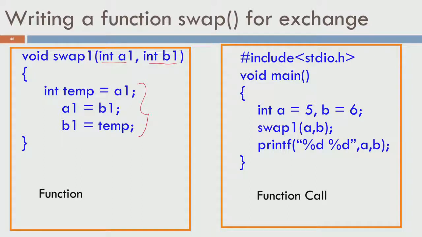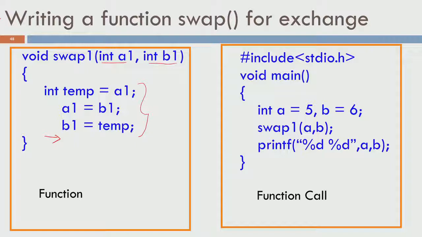Let us say I just copied and pasted from the previous slide. Instead of a and b, I call them a1 and b1. So, clearly if I start with a1 and b1, at the end of this a1 and b1 would be swapped. If a1 was 5 and b1 was 3, as I had in the example earlier, I would get a1 to be 3 and b1 to be 5.